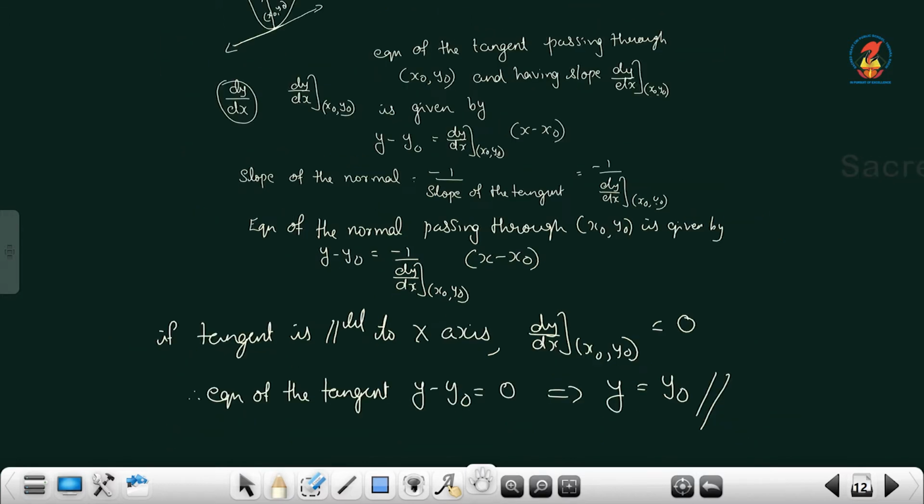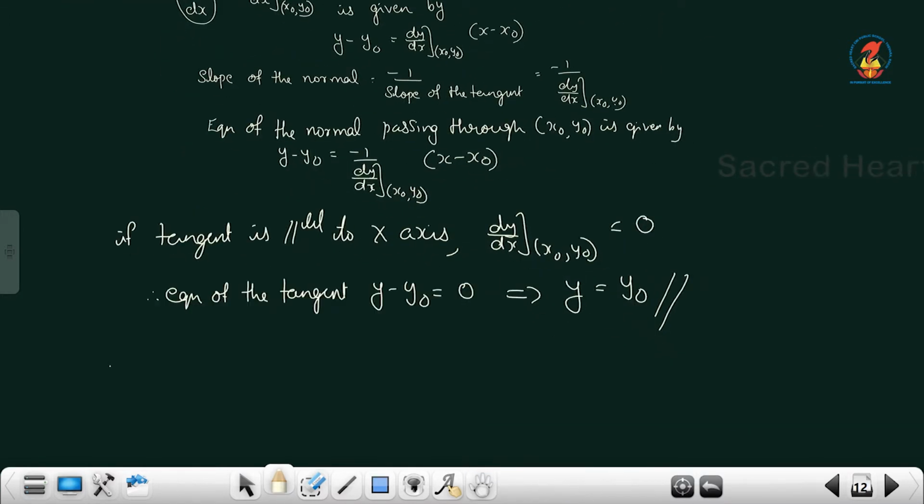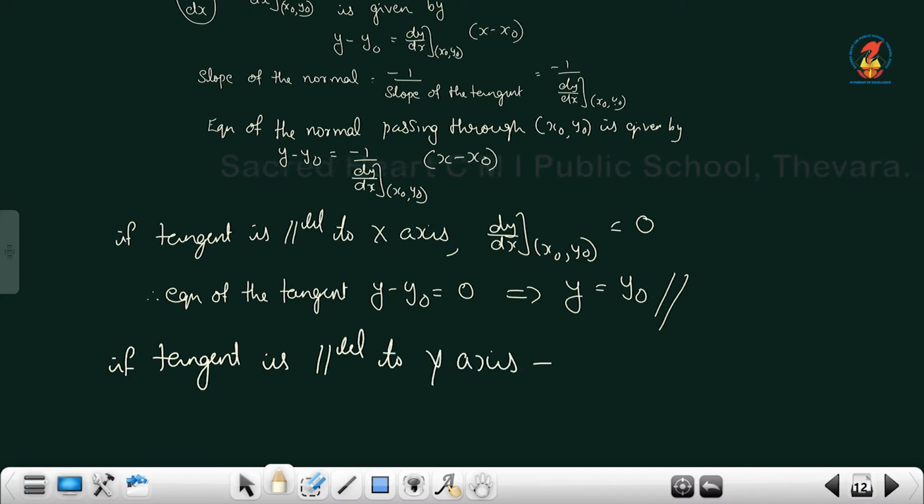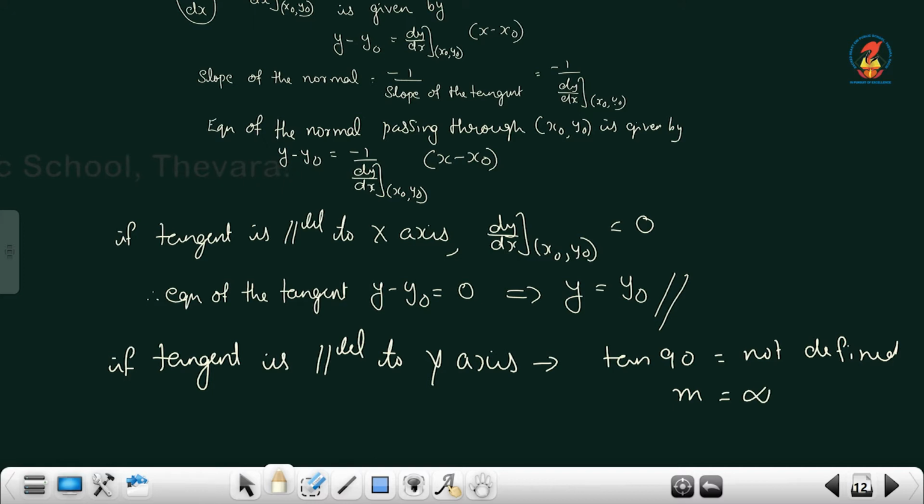Now, what about parallel to the y-axis? If the tangent is parallel to the y-axis, y-axis means tan 90. Tan 90 is not defined. That is infinity. Slope is equal to infinity. That is the meaning. Here slope is equal to 0. So m equal to infinity means y minus y0 is equal to infinity into x minus x0.